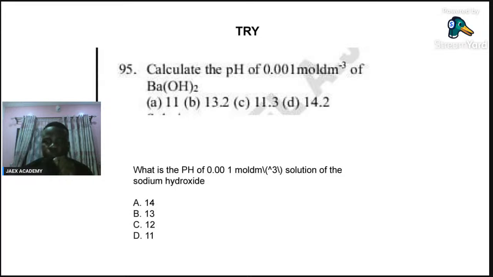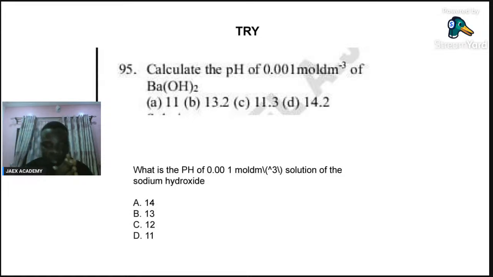All right. So are you guys agreeing that the two answers are 11-11? So please, for us not to be confused, just write 95. Write the option there first.